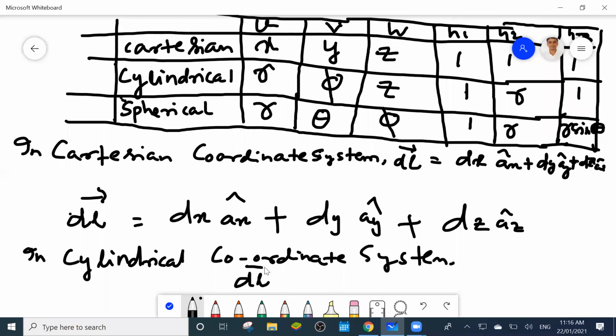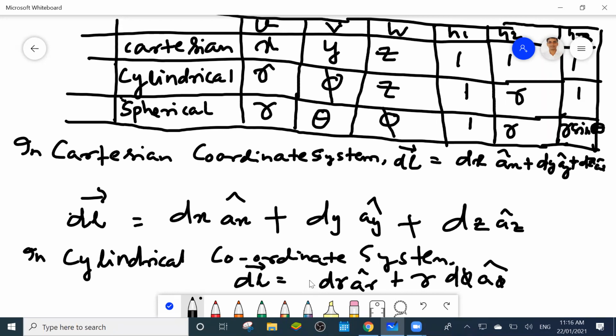The elementary length equals... When we go for antenna design, we will use the cylindrical or spherical coordinate system, mainly the spherical coordinate system. So what is the dL value? dr a_r cap plus r d phi a_phi cap. Here H1 is 1, so 1 into that is du.